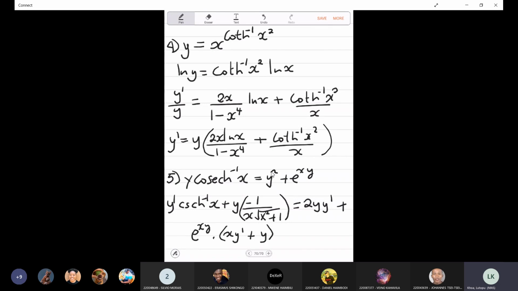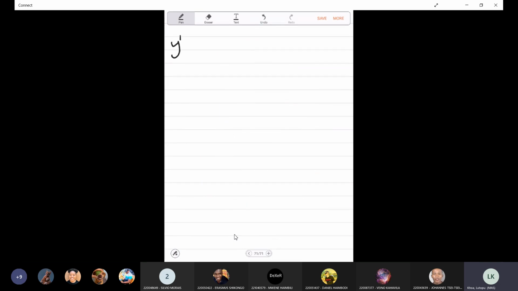Okay, then the next part is just algebra, collecting the terms that have y prime. So we're looking at this one here, that one, and this one over here. So collect all the terms with y prime on one side and factorize. So y prime, so the first one is cosech inverse.